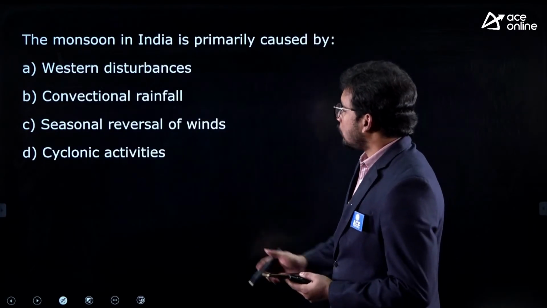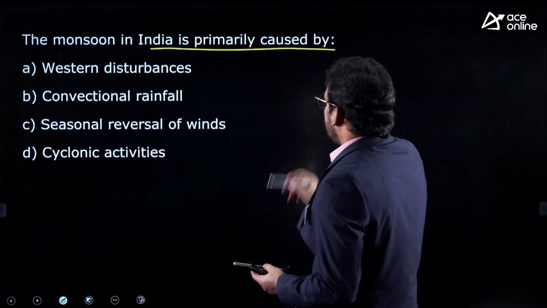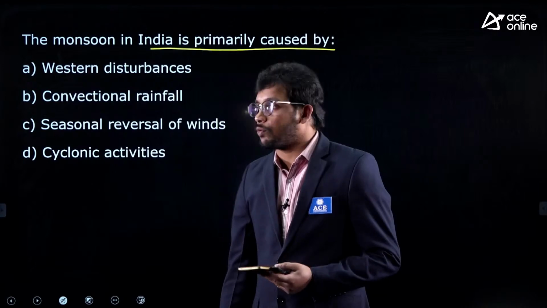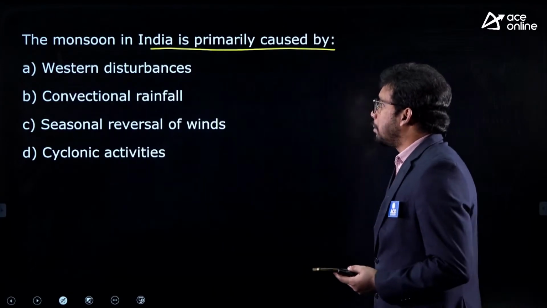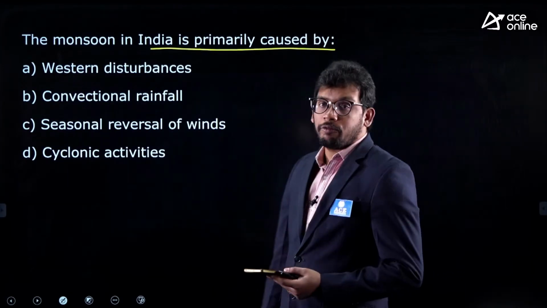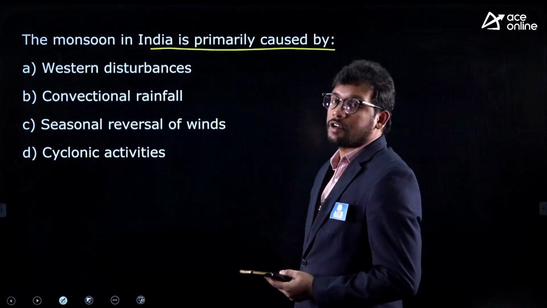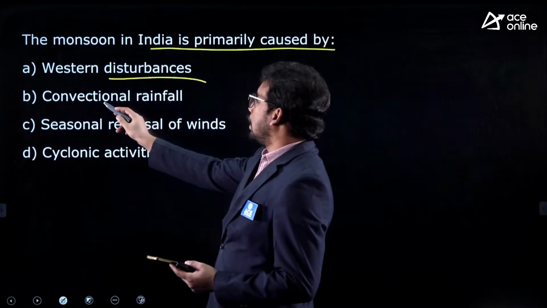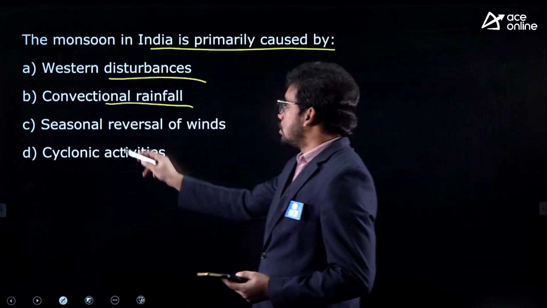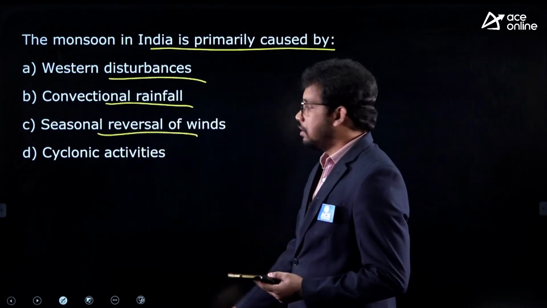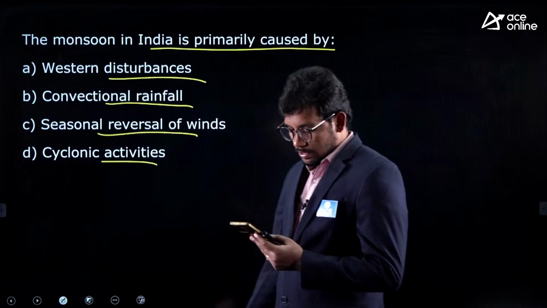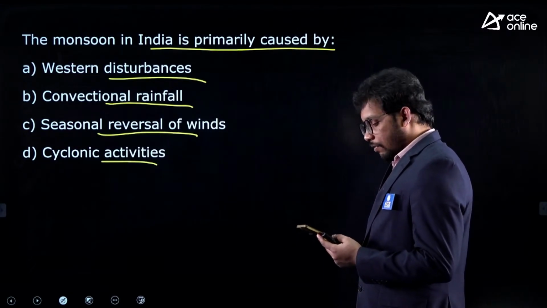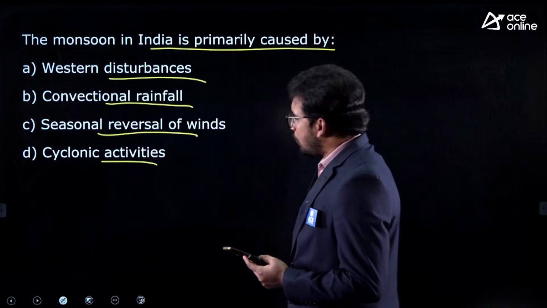Next one, the monsoon in India is primarily caused by. Now we are taking a climate related question. What are the factors contributing to the monsoon? Western disturbances, convectional rainfall, seasonal reversal of winds, cyclonic activities. What is the answer? A very conceptual question.